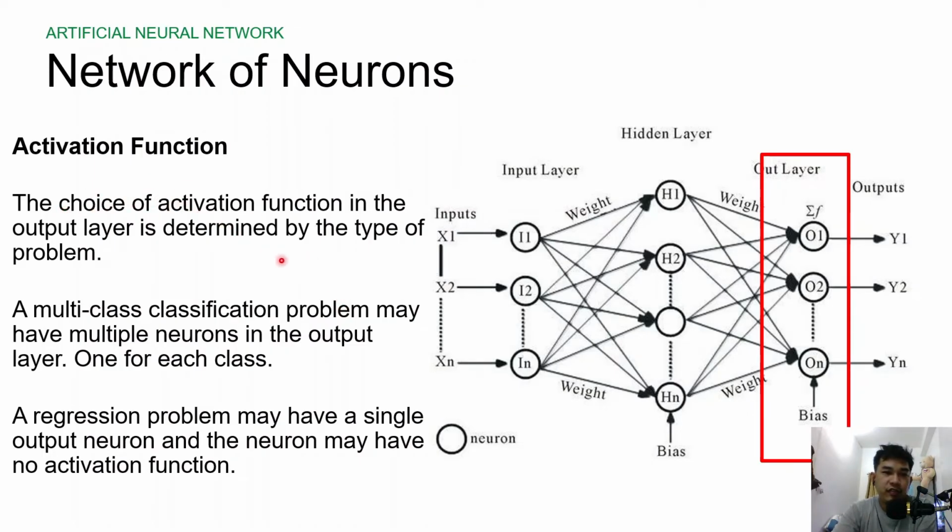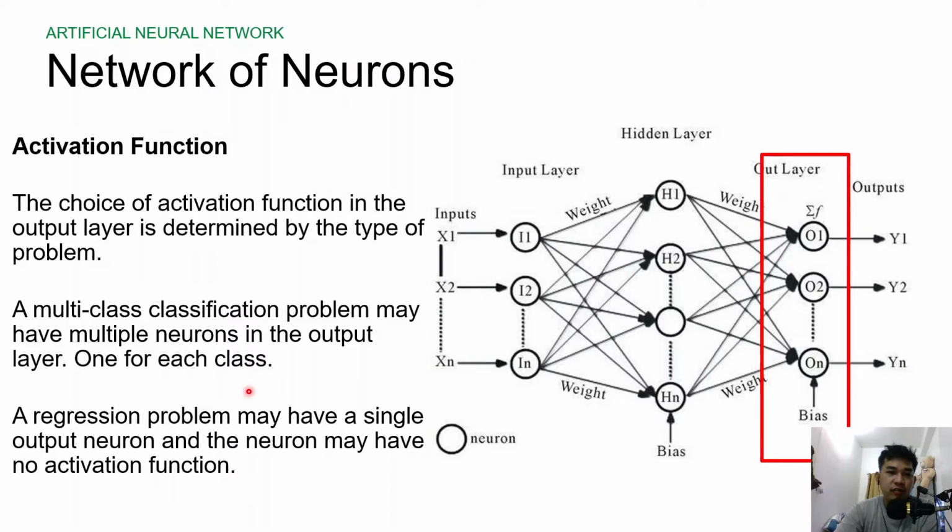So the choice of activation function in the output layer is determined by the type of problem. So depende siya. So yung multiple classification problem may have multiple neurons in the output layer, one for each class. Then a regression problem may have a single output neuron, and the neuron may have no activation function.